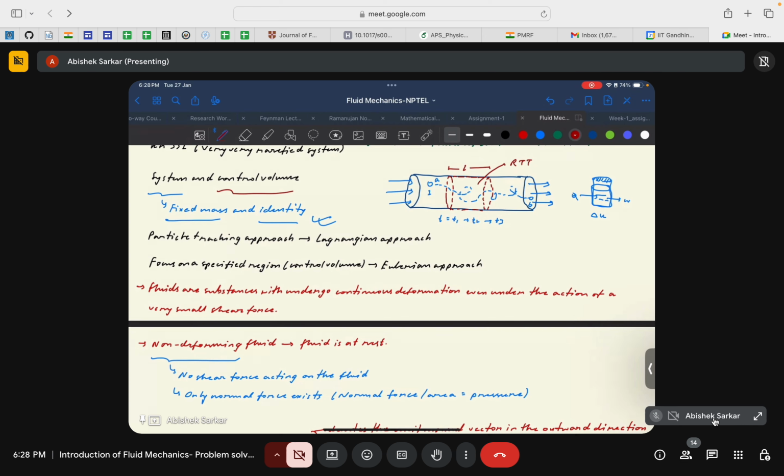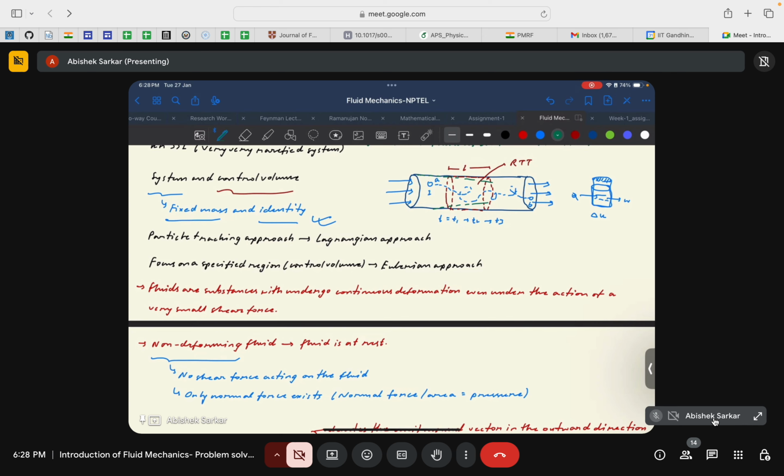Because there is a continuous flow, for example if the pipe expands, or if the pipe was contracting toward a region, then with a continuous flow the mass may remain constant, but the identity will change definitely, because the particles that were initially there will go out of the outlet, and there will be a continuous flow of particles through the region.